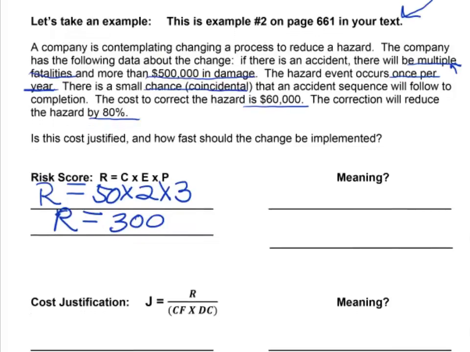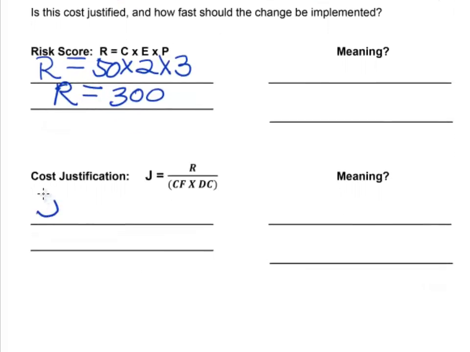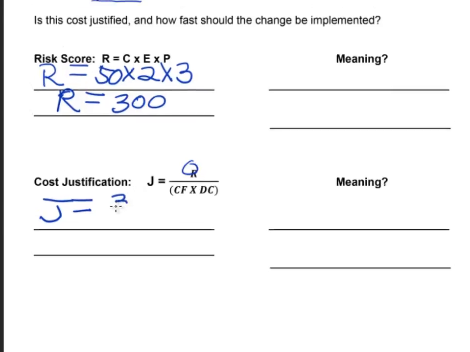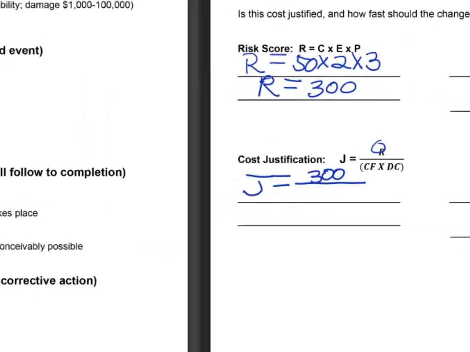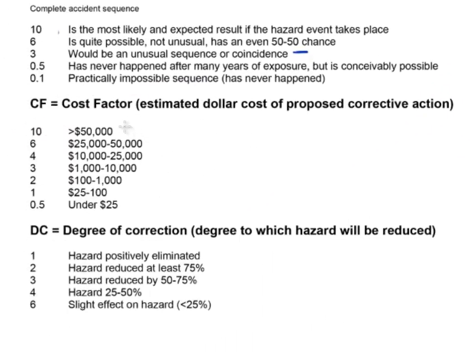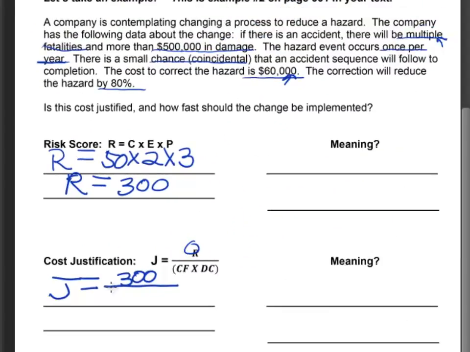Let's calculate cost justification. So we have J equals, and we have our R value already here, so that's 300 divided by, all right, let's look at our cost factor. We've got $60,000. Let's look over here. Oh, that's greater than 50,000. So it looks like we have 10 here, times degree of correction.